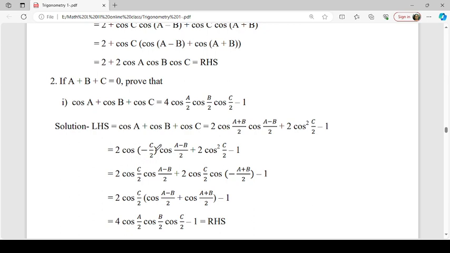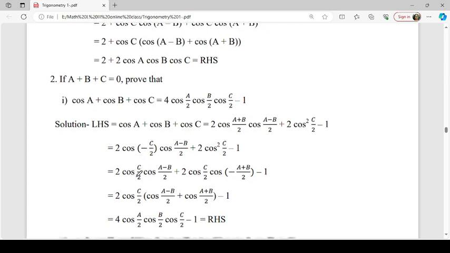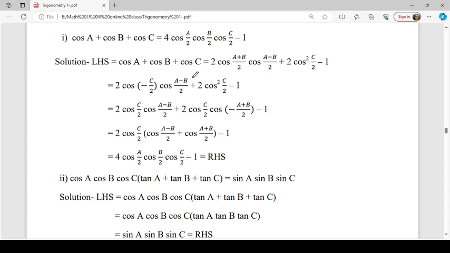Then this cos of minus theta is cos theta, so it is 2 cos C by 2, then it is cos of (A minus B) by 2, 2 cos C by 2, and this again we write as minus (A plus B) by 2. Then minus 1, then cos C by 2 is taken common, it is again cos of (A minus B) by 2 plus cos of, this is cos of minus theta is cos theta.